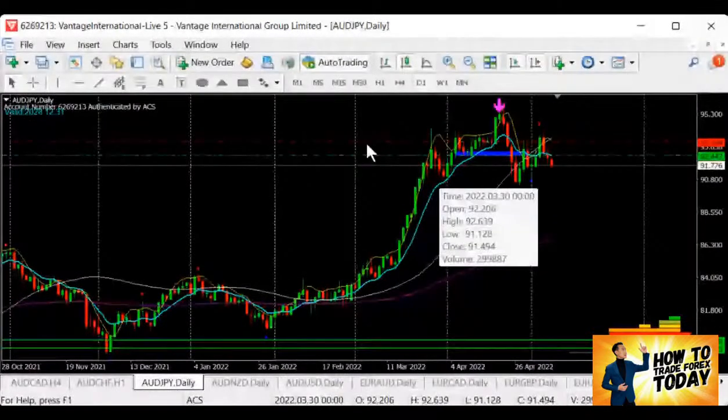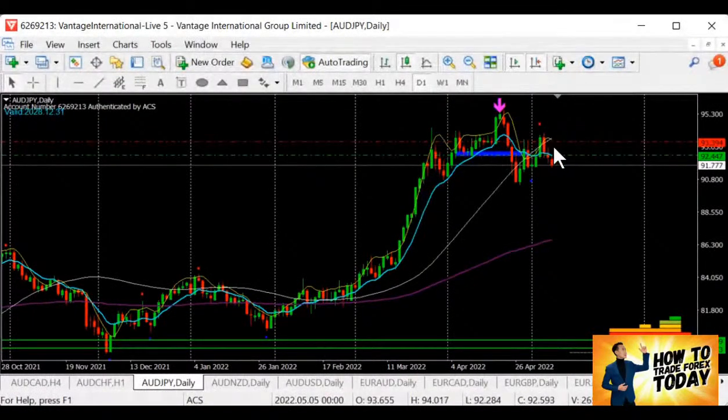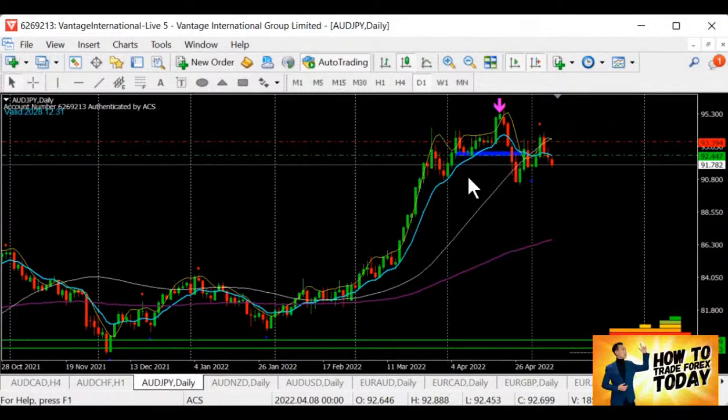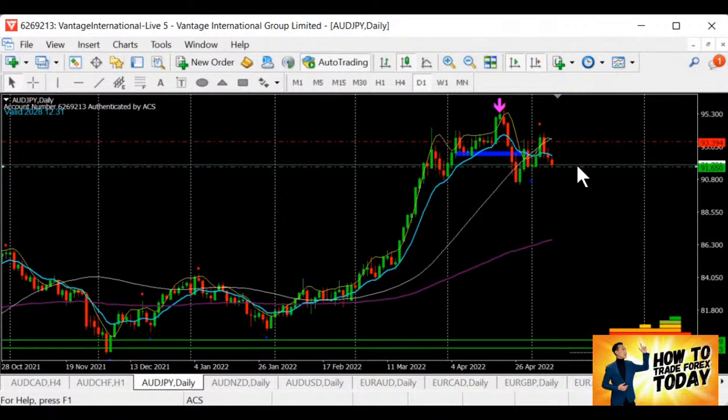But since last week, it has clearly showed quite a few things for us for the last 2 weeks. The support was here. It tested and then it comes back again. Now the support is here. So Aussie yen tentatively is in the bull and having a retracement hitting on the support.